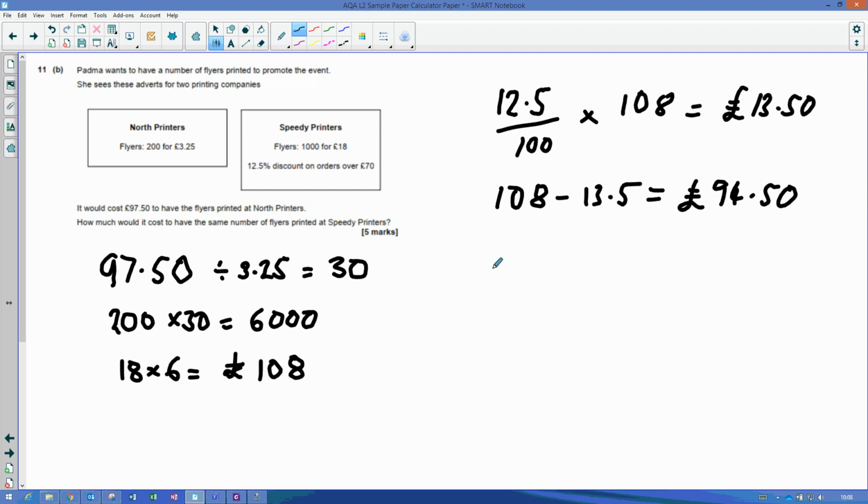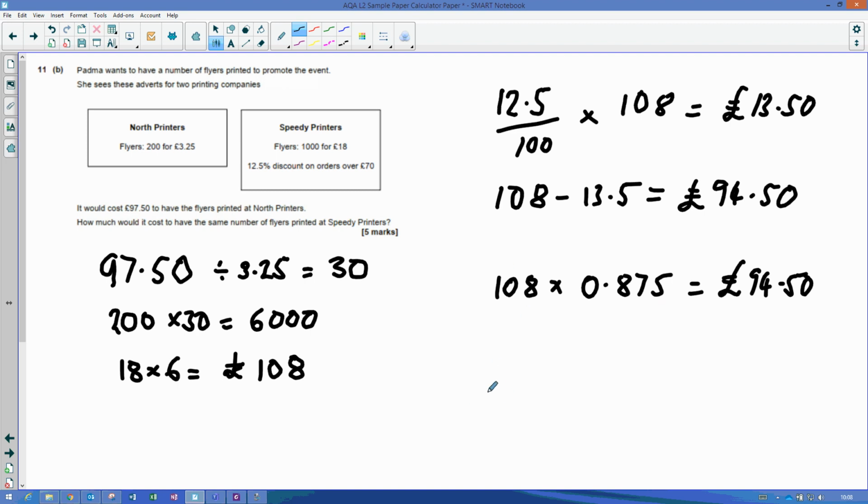You can use a different method, which is 108 times 0.875, which gives me the answer of £94.50 straight away. Where did this number come from?